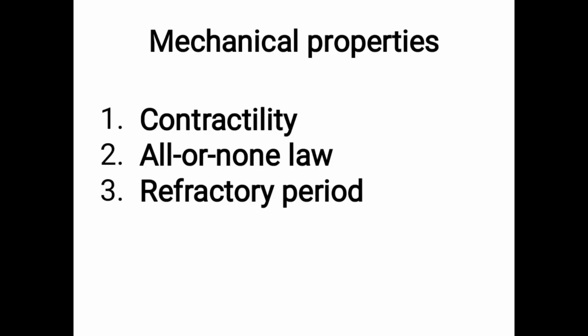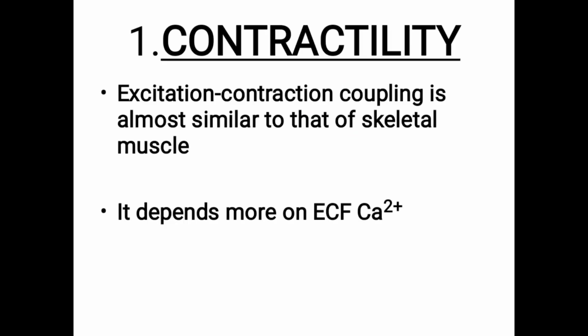Next, going to the mechanical properties. There are three mechanical properties: contractility, the all or none law, and the refractory period. Contractility means the mechanical changes brought about in cardiac muscle when it is stimulated.